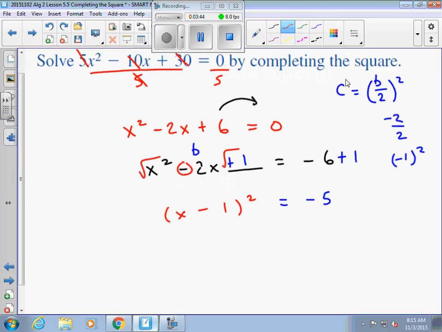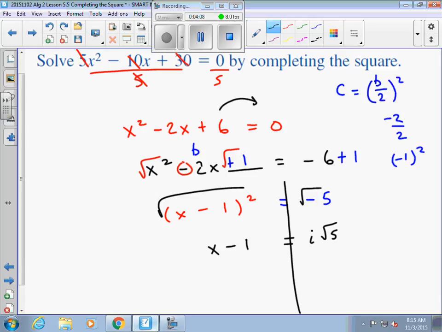So now let's solve for x by undoing the fact that it says x squared. We'll undo that by taking a square root. If you do it to the left, do it to the right. It cancels that out and simply leaves you with x minus 1 equals the square root of negative 5. Remember, the square root of a negative value, you multiply it by i to make it both positive and negative, square root of 5.